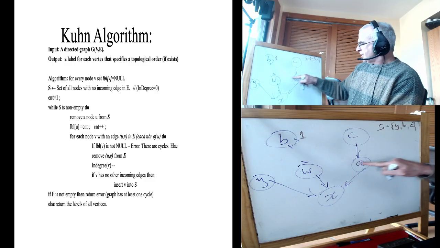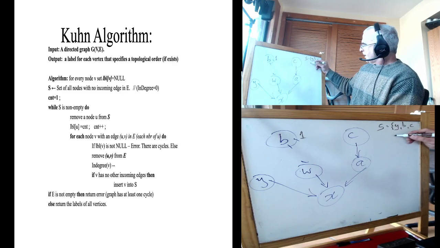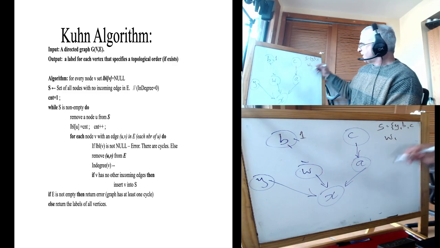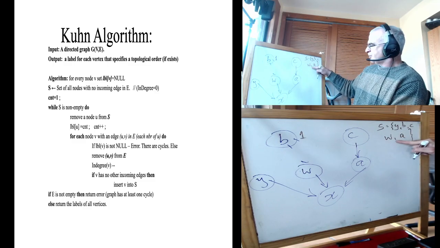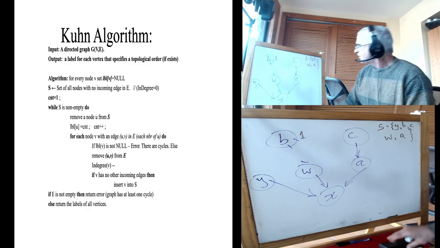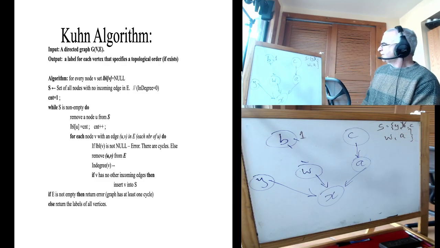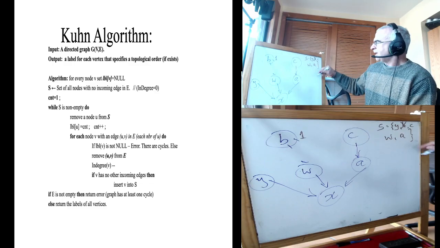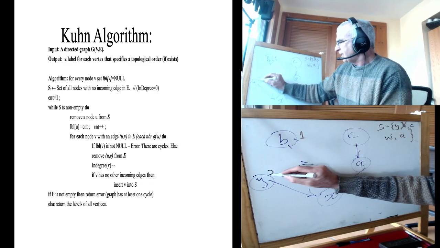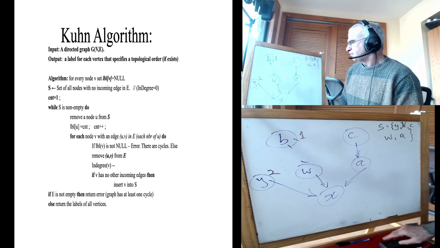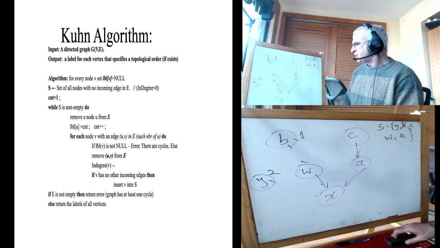And notice that when I'm doing so, the in degree of W and the in degree of A are also becoming 0, so I put them in S. So S contains now Y, C, W, and A, with B removed. I pick one of them, give it the current value of the counter. It moved to 2. Remove the edges leaving it.